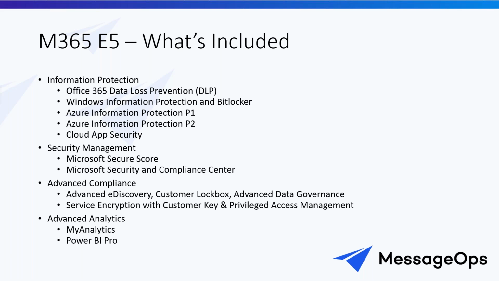So what else is included with the E5? Information protection. In today's world, data loss protection is extremely important. We don't need employees or staff sending out social security numbers, credit card numbers, or confidential HR information. That's where DLP, or data loss protection, around Office 365 is extremely important.